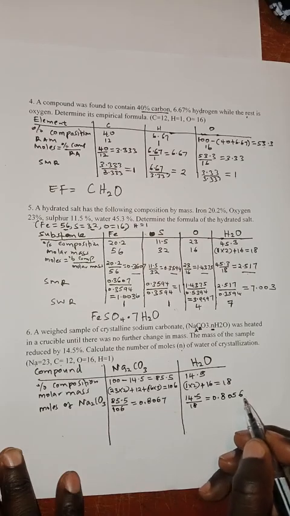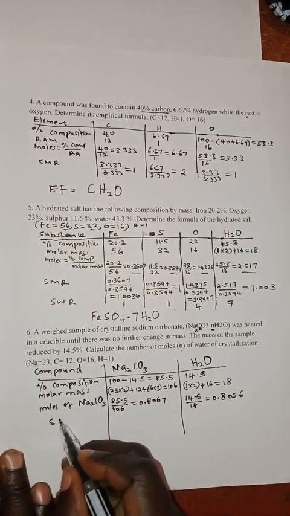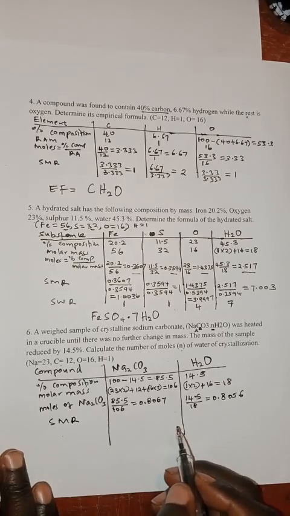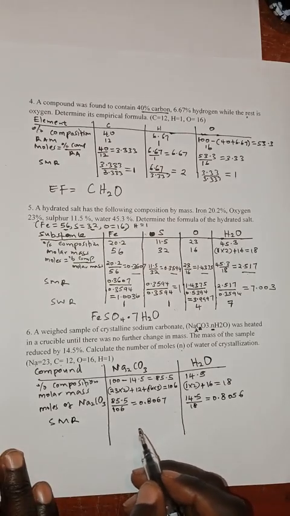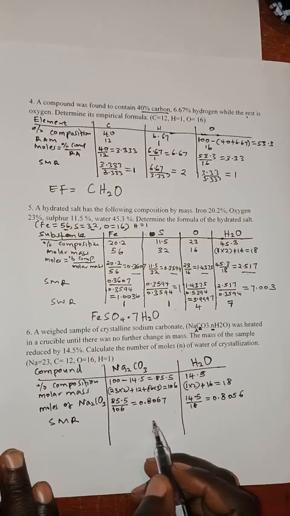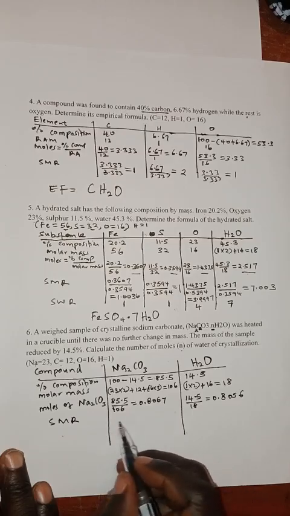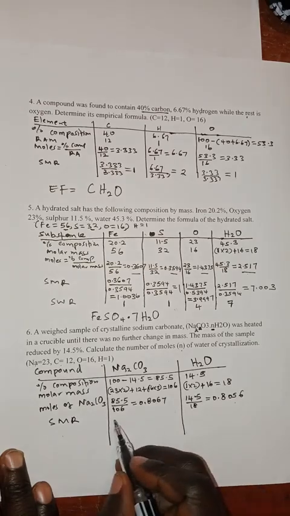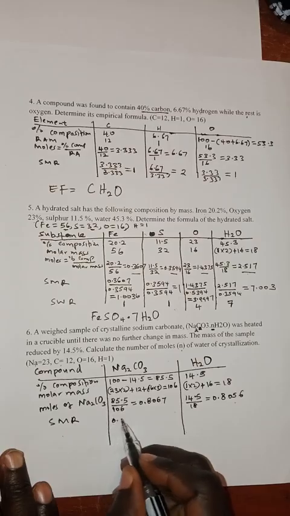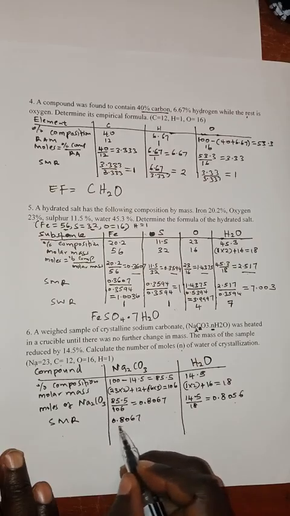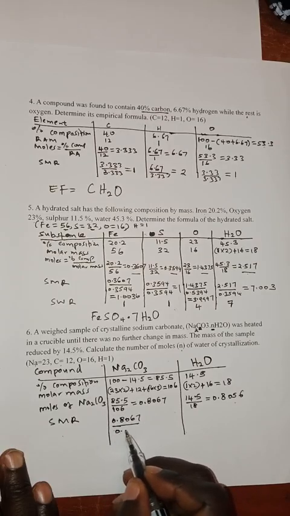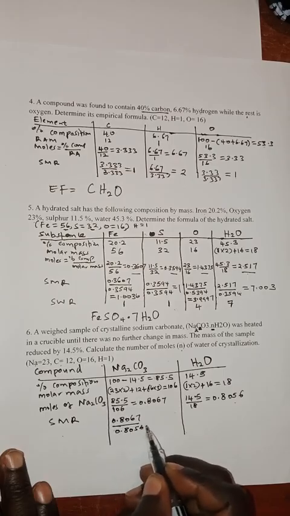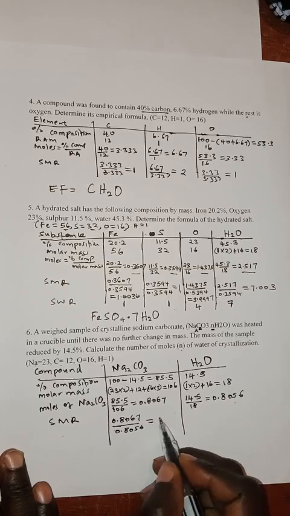And when you do that, you get 0.8056. Then now we get the simplest mole ratio. You are going to divide by the smaller number of moles, which are the moles of water, which appear slightly smaller. So it's 0.8067 over 0.8056, which gives 1.